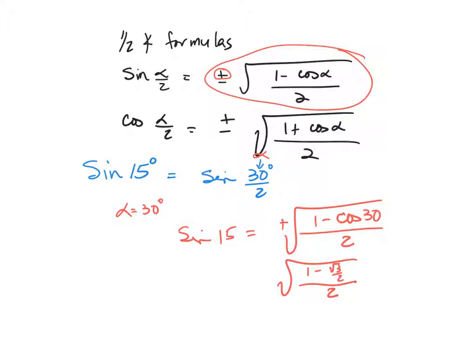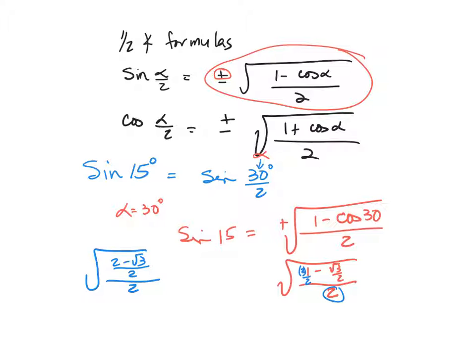Okay, the top of that fraction has a 1 minus root 3 over 2. What we're going to do is find a common denominator. So this would be a 2, and this would be a 2, and because 2 over 2 is 1, right? So now we're going to have the square root of 2 minus root 3 over 2, all over 2, because we still have that 2 down here we have to deal with, right?